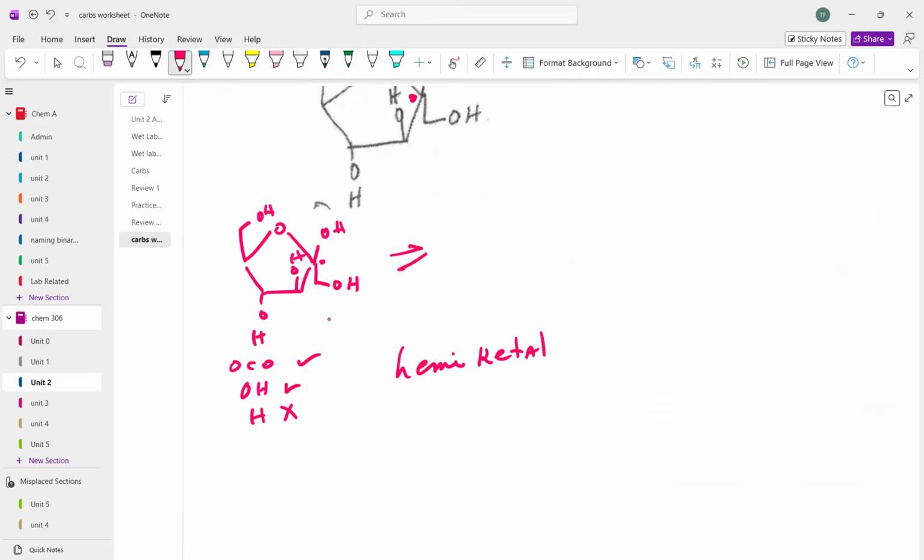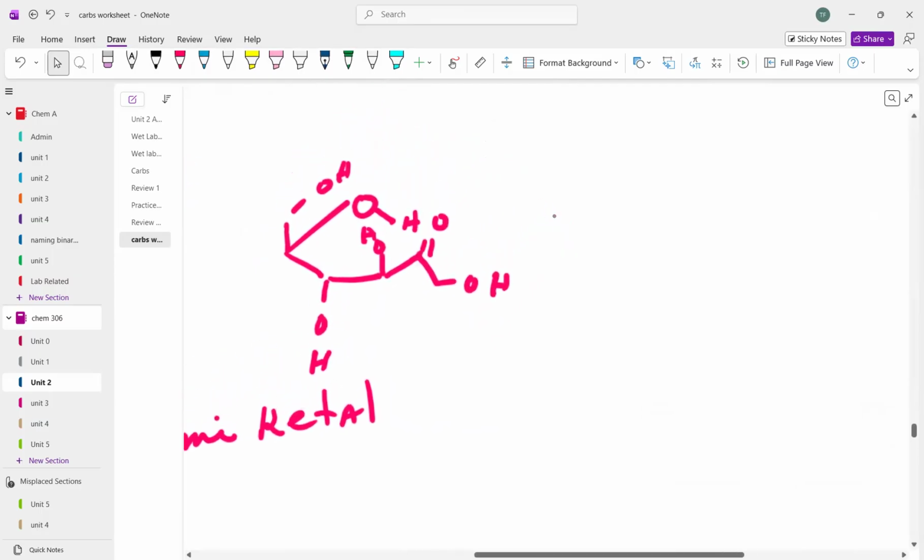Okay, so what you're going to have is, okay, so here's the ketone right here.